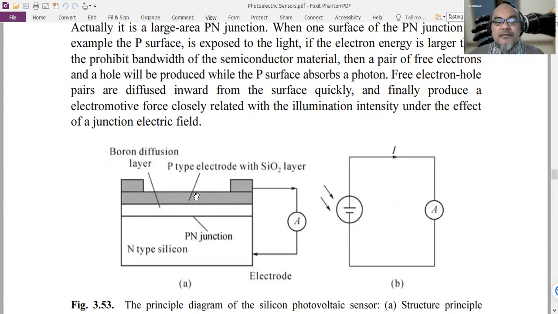This is the p electrode, and this is the boron to have p-doped silicon, so positively doped silicon. This is the symbol, because it creates an electromotive force like a voltage source when radiation is exposed to that device.